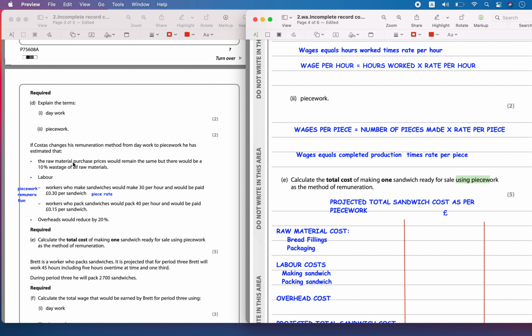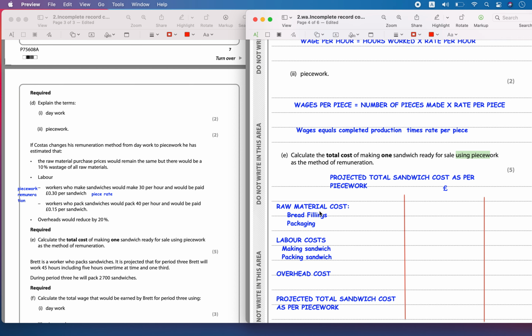Here we can see that the raw material purchase prices remain the same, but there would be a 10% wastage of all raw materials, meaning I require 10% more.